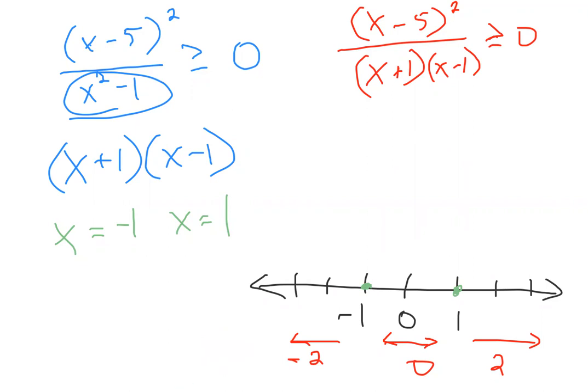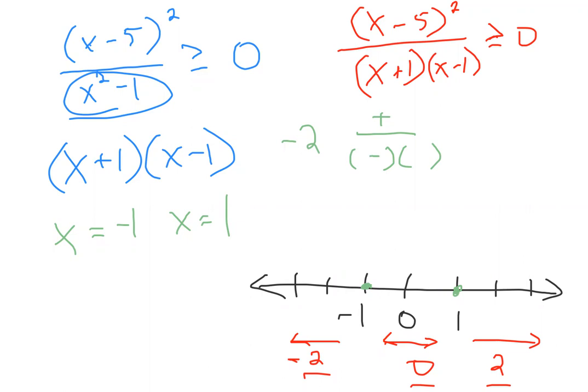So I want to go through and test this using my test points. So my first test point is going to be -2. Well, on the top, if I plug in -2, anything squared comes out positive. So it doesn't affect the top. So I plug in the bottom. And if I plug in -2 here, -2 plus 1 gives me a negative.